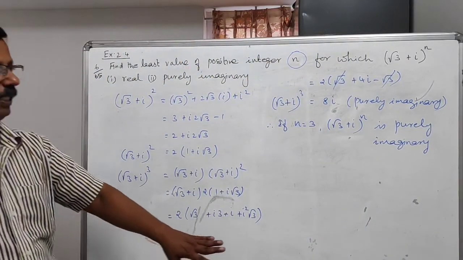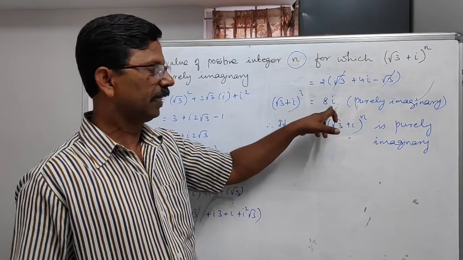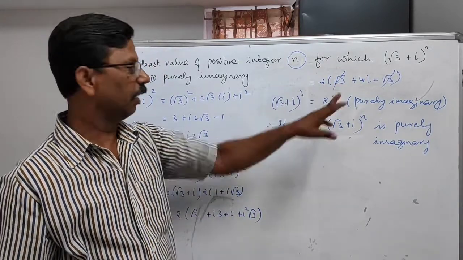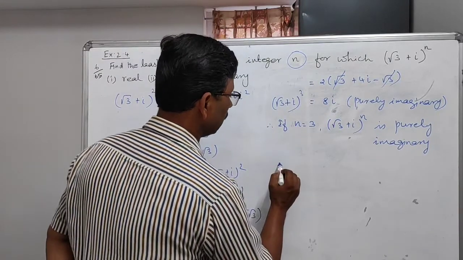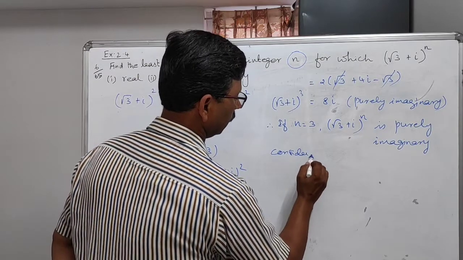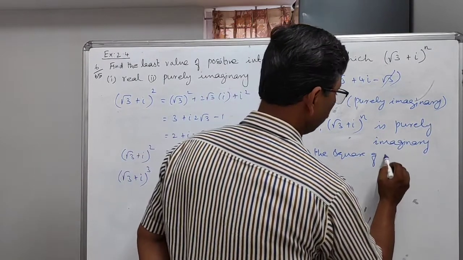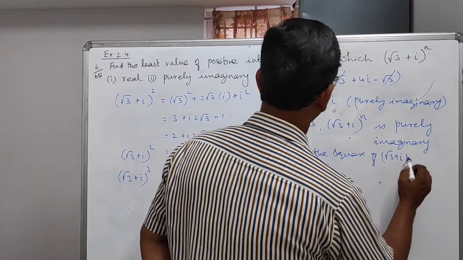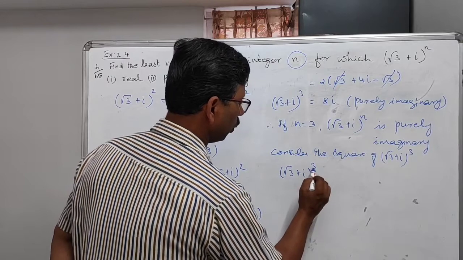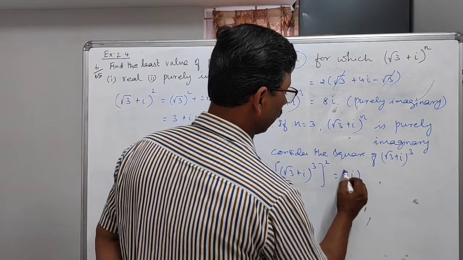Okay. Now likewise you have to check when it is purely real. See, here i is there. If you square this one, you can get i square. i square is minus 1, which means you will be getting only the real part. Therefore, just square (root 3 plus i) whole cube. You square it, which is equal to 8 square i square.